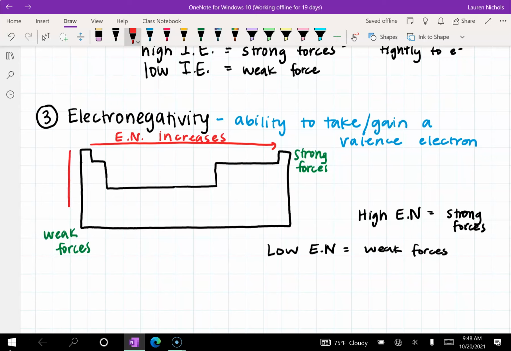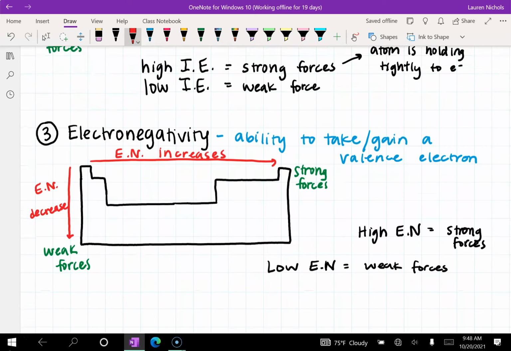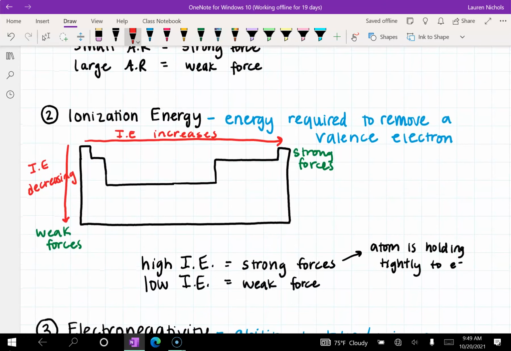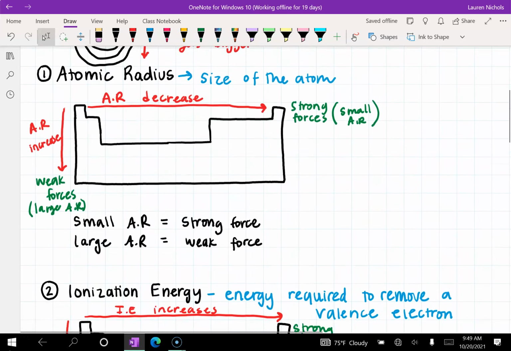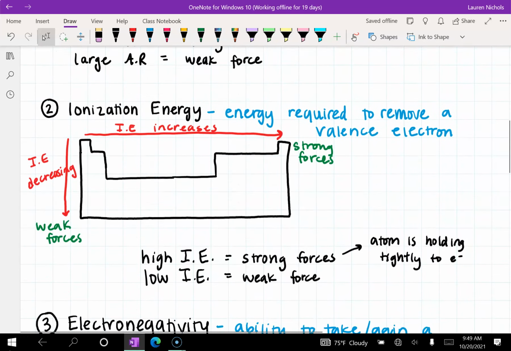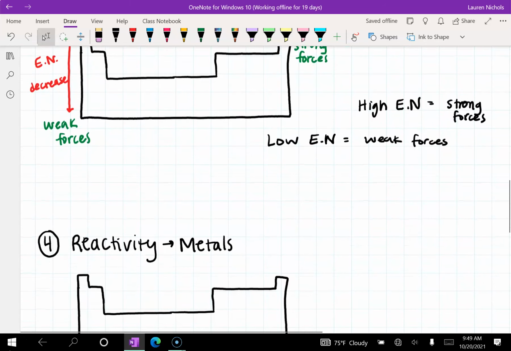But as I go down the periodic table, my forces are getting weaker, so my electronegativity is going to decrease. Notice that electronegativity and ionization energy have the exact same pattern, and it is the opposite of the atomic radius. Notice that for your patterns.